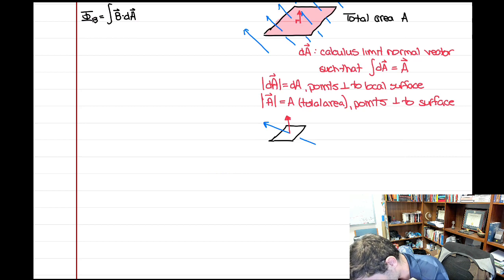And we are trying to ask ourselves, what amount of this particular field line pierces the surface, which means it goes through.